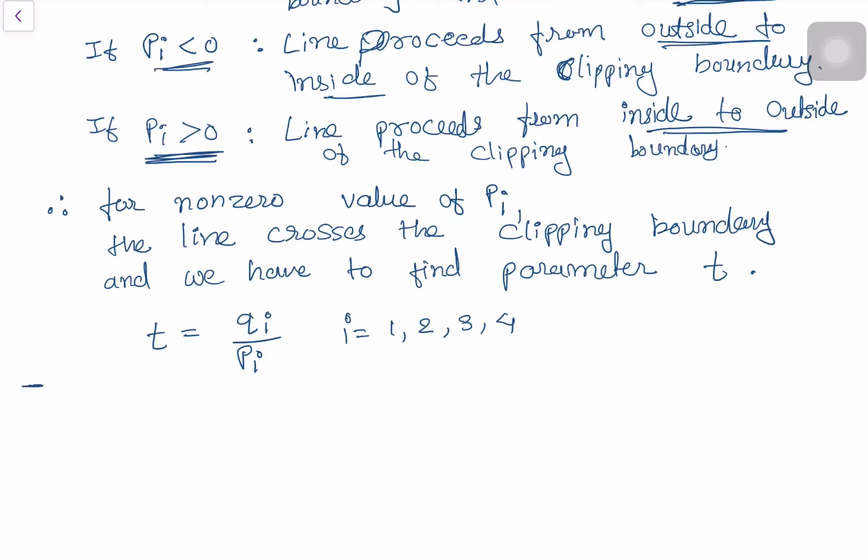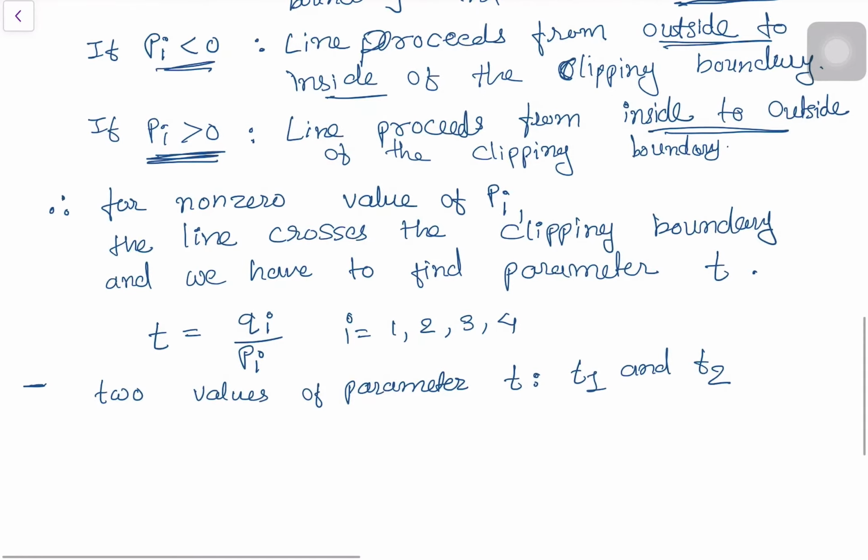Now, the Liang-Barsky algorithm calculates two values of the parameter t, that is t1 and t2, that define the part of the line that lies within the clip rectangle, right?